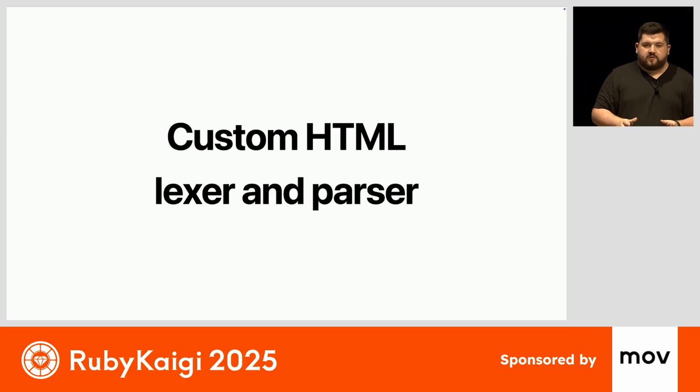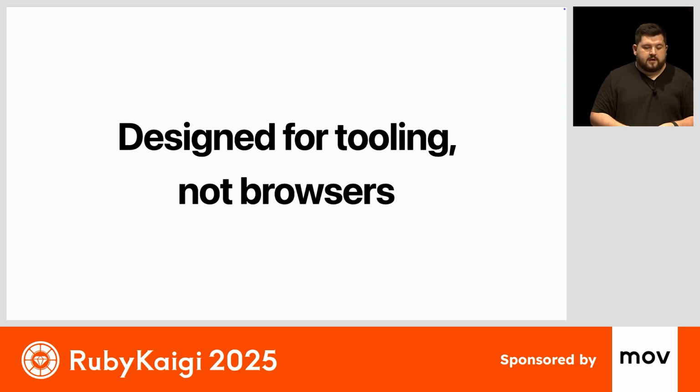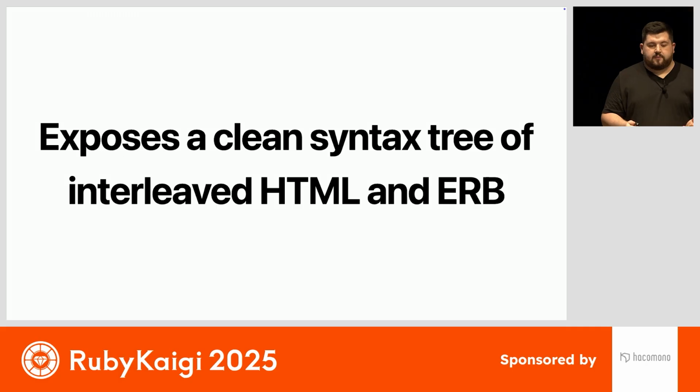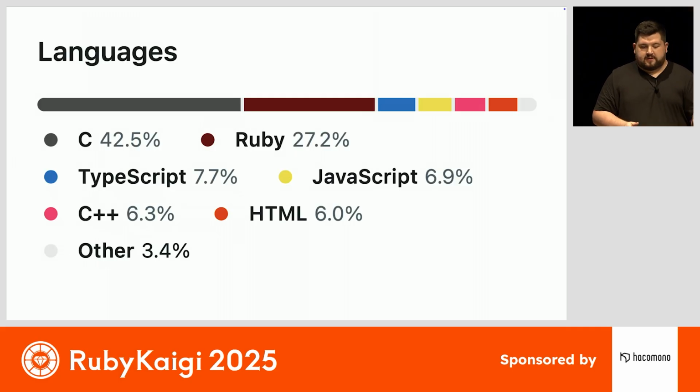But what we need and what we want is to represent exactly what's in the file in the parse result. So this parser is designed for tooling, not the same way as a browser would interpret HTML. And what it exposes in the end is a clean syntax tree of the interleaved HTML and ERB in one result. So this is, as I mentioned, written in C.